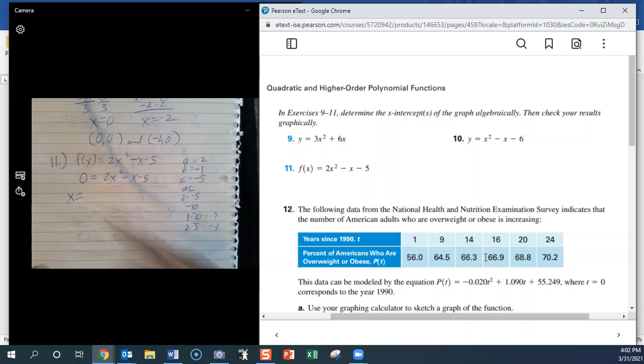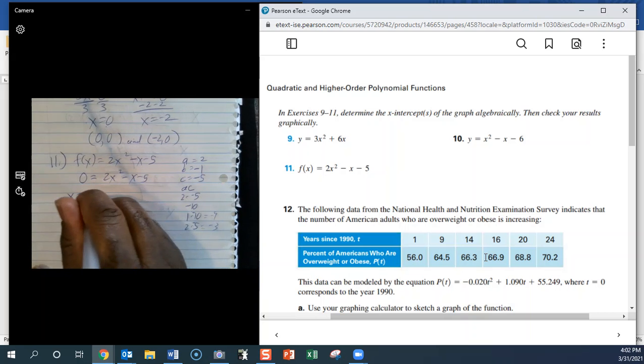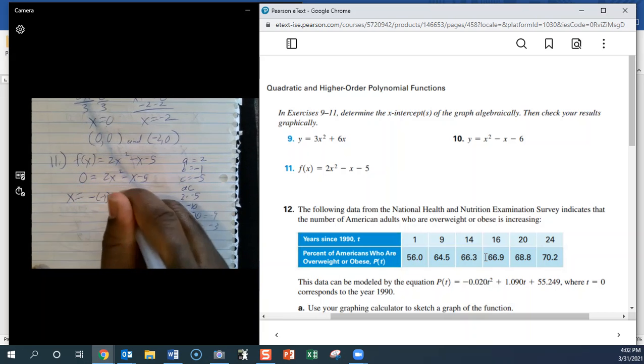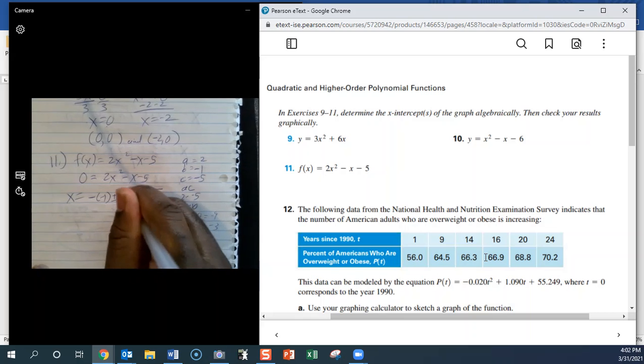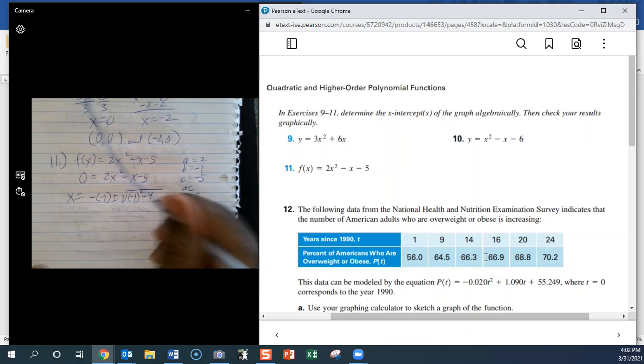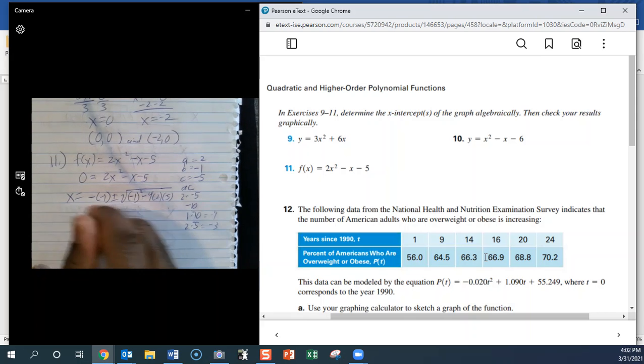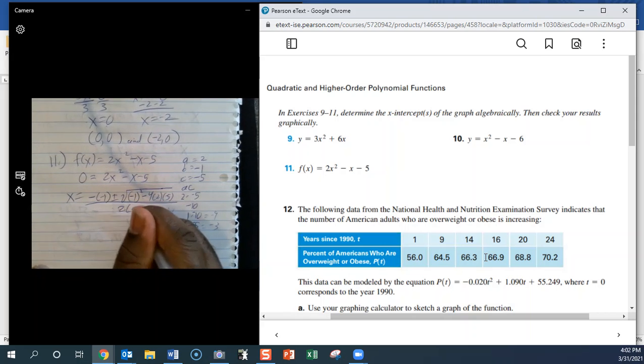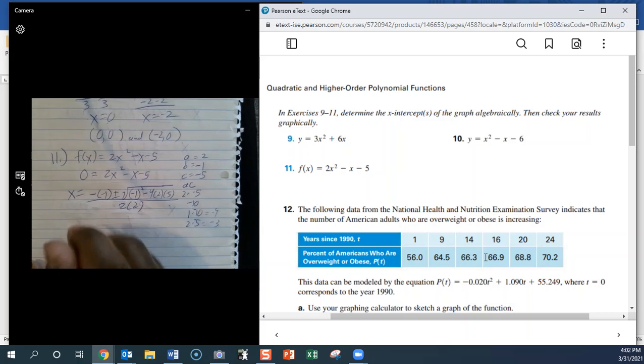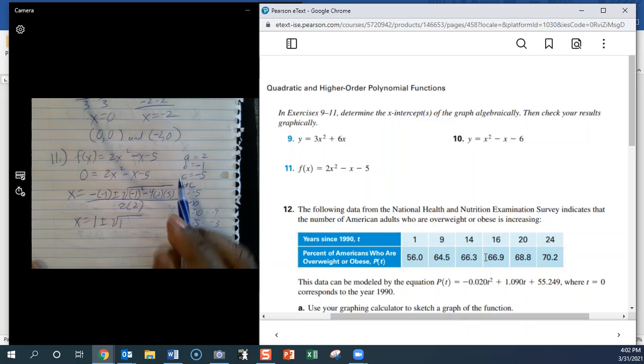So we will use the quadratic formula using this a, b, and c. So it'll be the opposite of -1 plus or minus the square root of -1 squared minus 4 times 2 times -5, all divided by 2 times 2. So x is equal to 1 plus or minus the square root of -1 squared is 1.